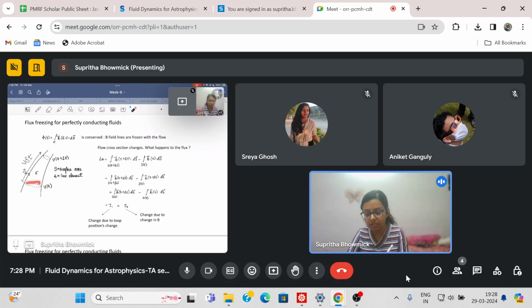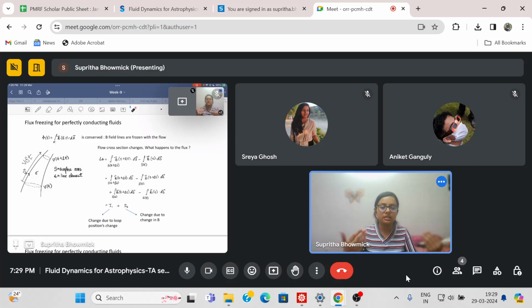You're just considering this loop, but now you're considering the contribution to change in flux coming just from the change in magnetic field. Of course, there are changes in B as well as changes in the loop, changes in B as well as changes in the flow, right? That is what both of these contribute to the change in flux.